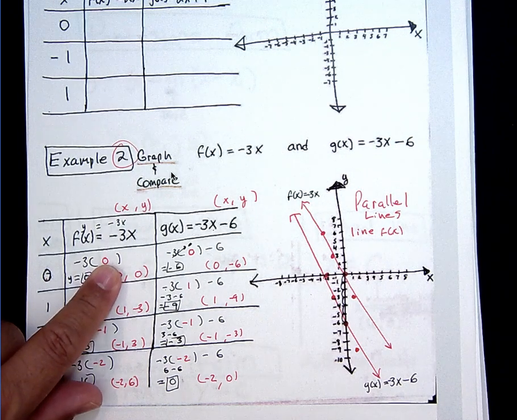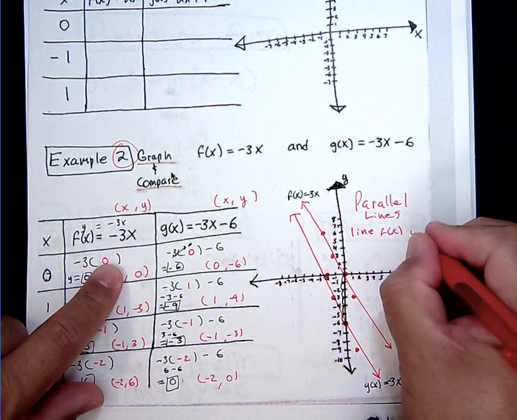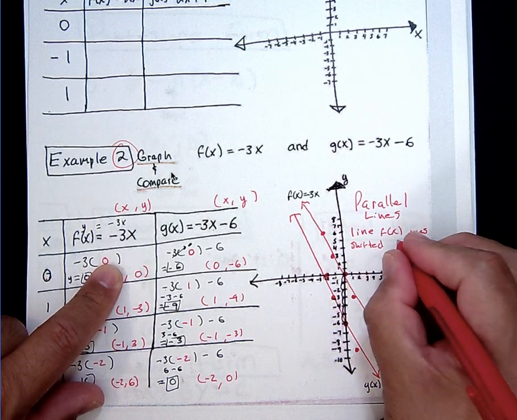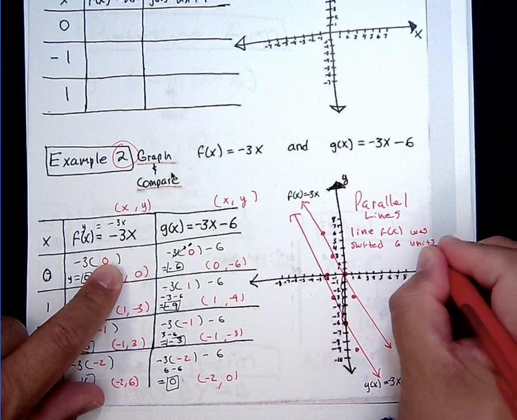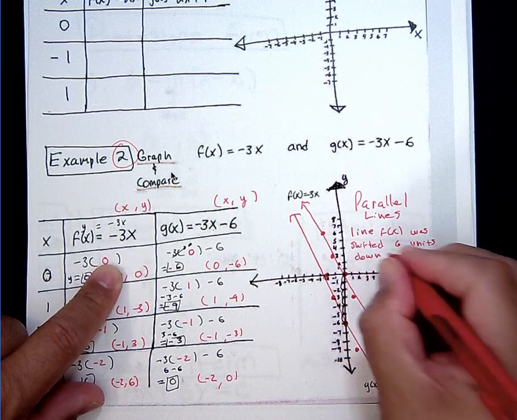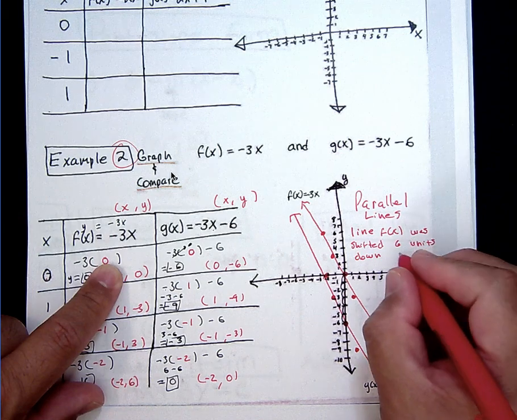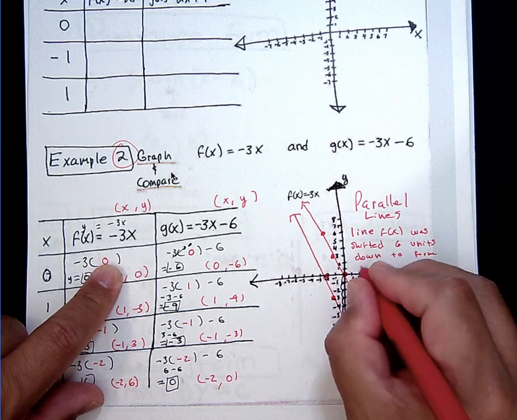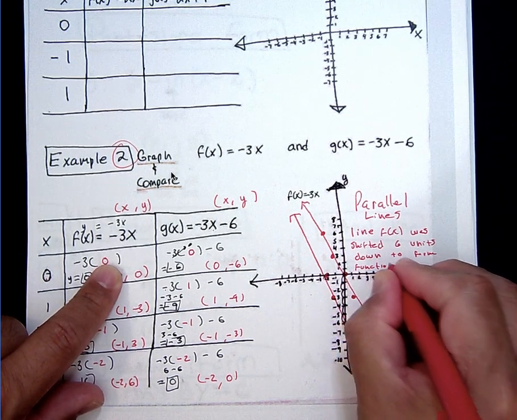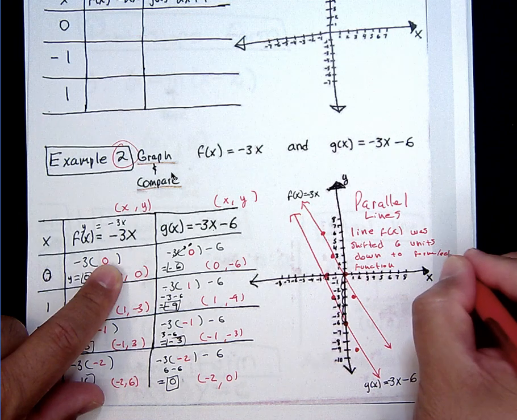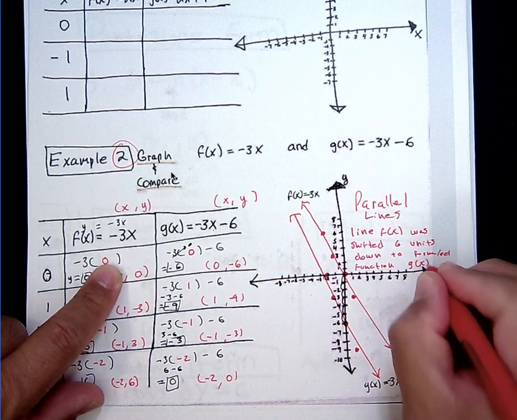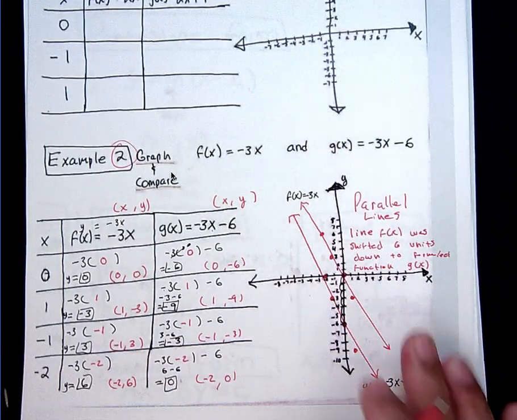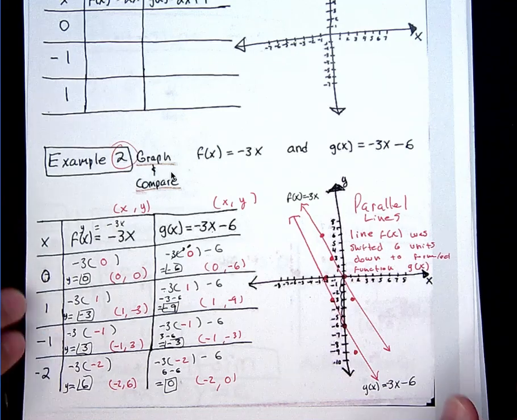So line f of x was shifted 6 units down to get function g of x, which is down. So that's all that happened, and that's the answer for that. You need to graph these and graph it the way I did.